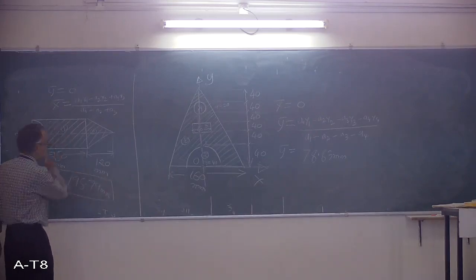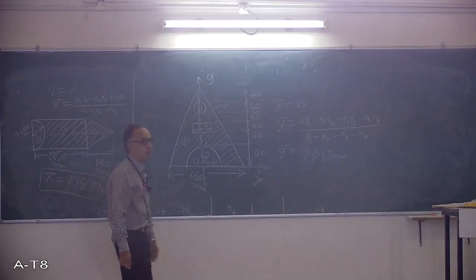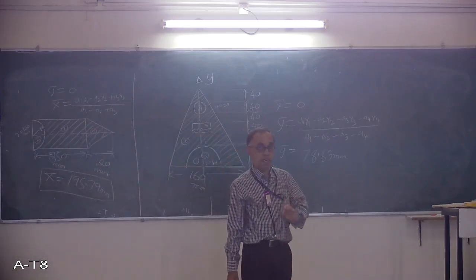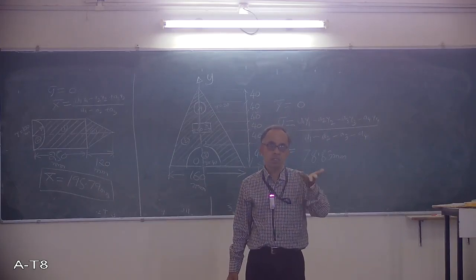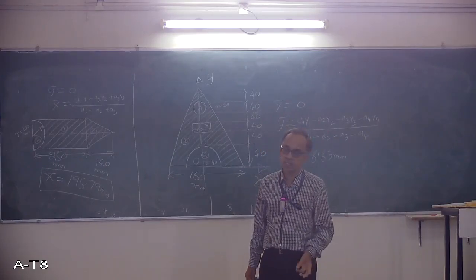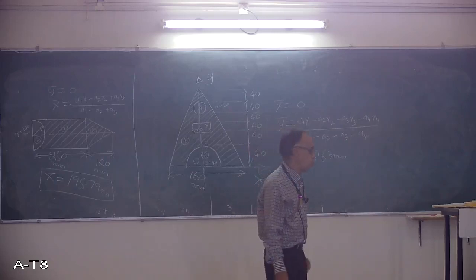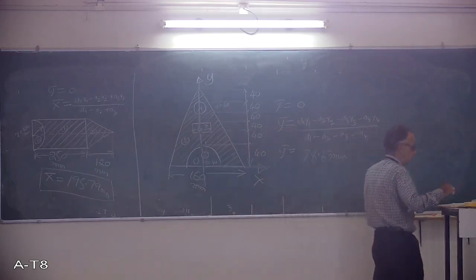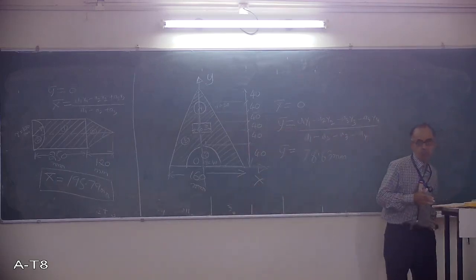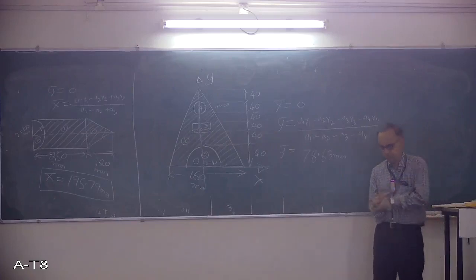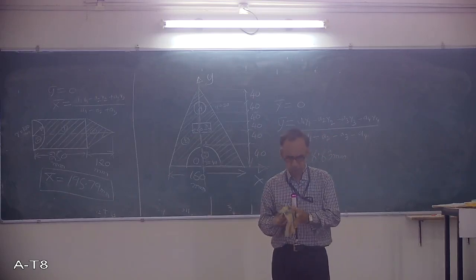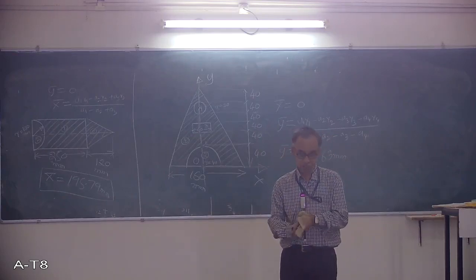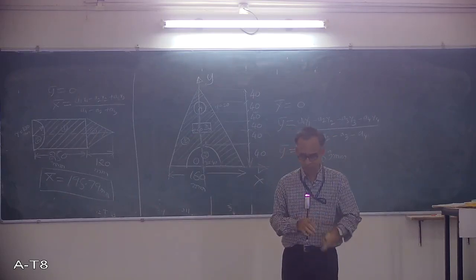Go through all the problems given, try them at home. I have already given the answers also. If you try, then you will be able to understand correctly. Otherwise, only reading is not going to help you. You have to work out the problems yourself. This is sufficient for you to make the centroid perfect.